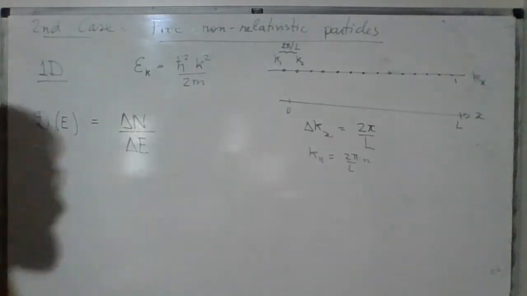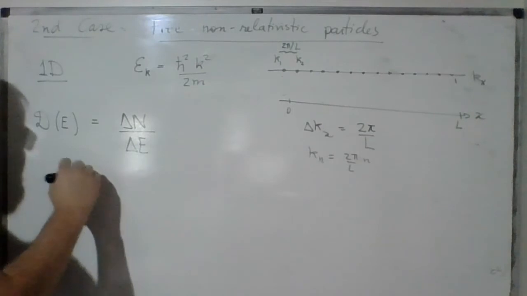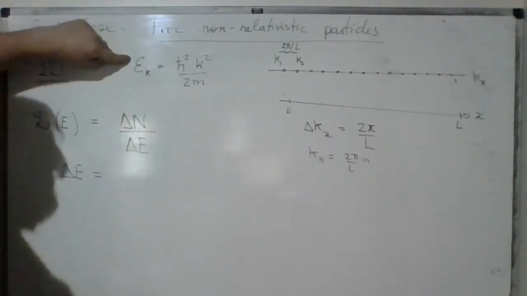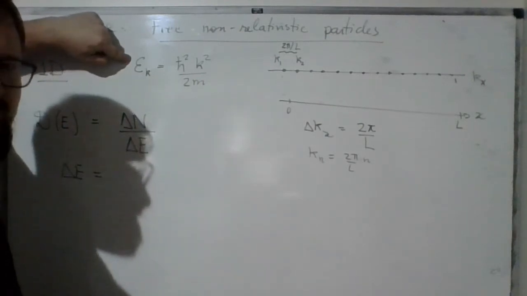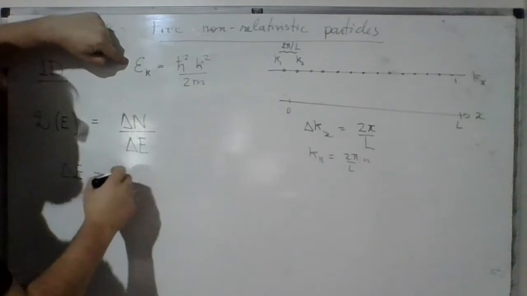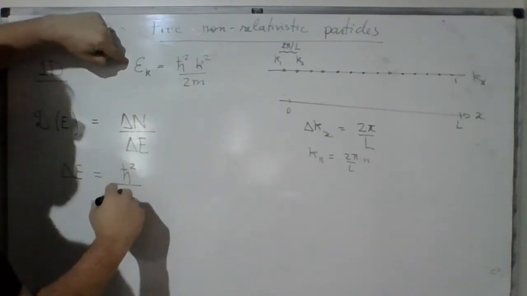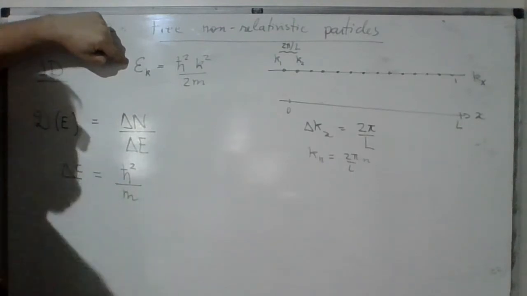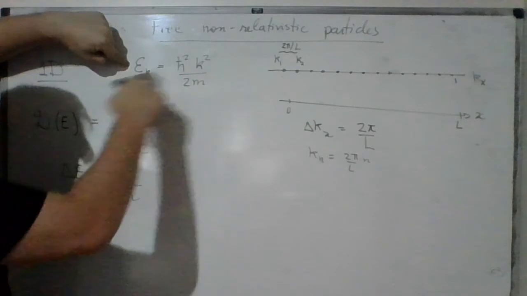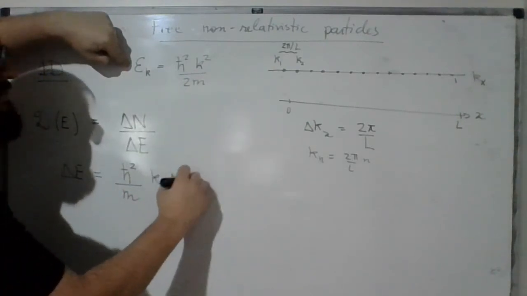Okay? So I can write the delta E in the following form. I can use this equation, which corresponds to the dispersion relation between energy and momentum. And this produces h bar over m. I can calculate the derivative here: h bar over m, k, delta k.